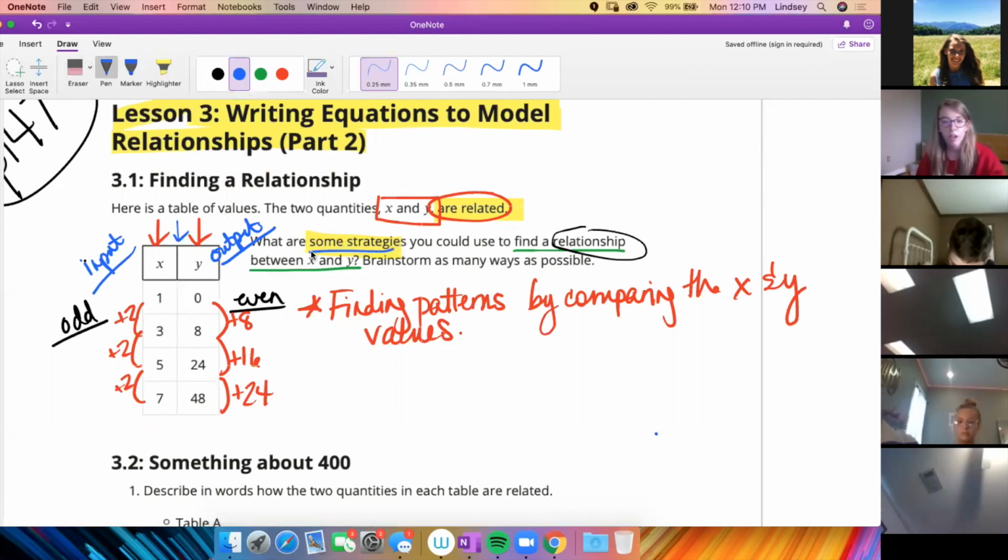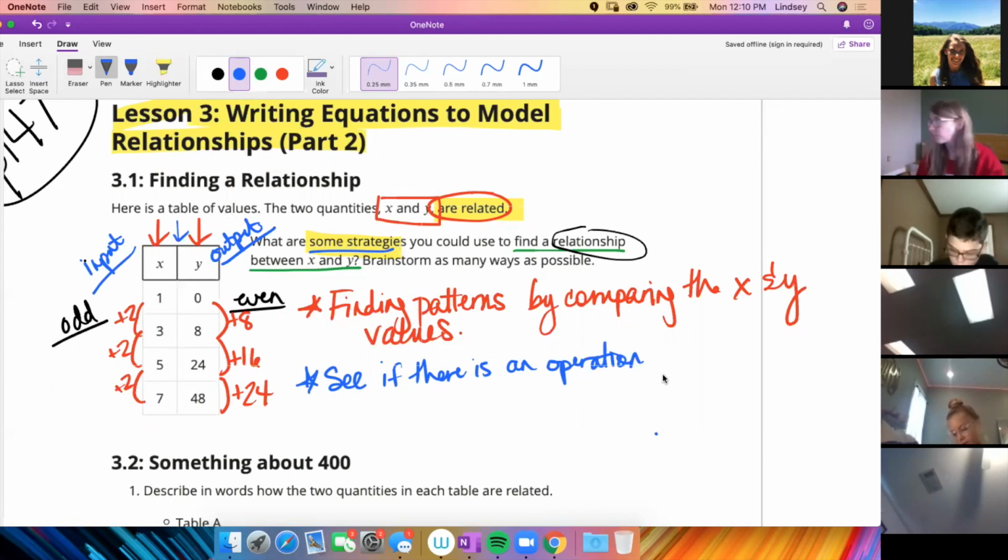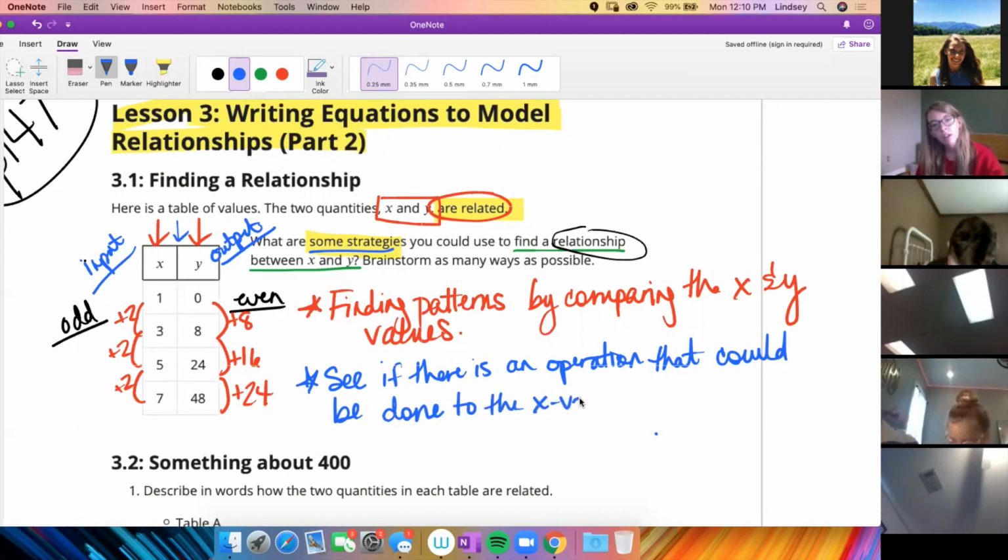Another strategy to find the relationship is to see if there is an operation that could be done to the x values to produce the y values.